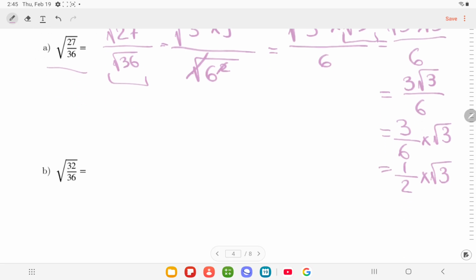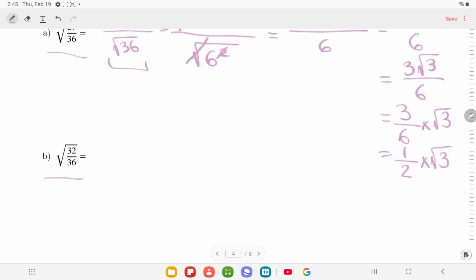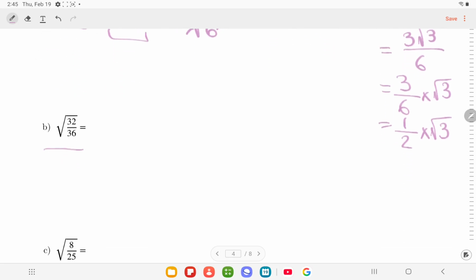So let's take a look at b over here. We can rewrite this root as root 32 over root 36. Now, root 32 is not a perfect square, but 32 is divisible by 2. So 32 is 2 times 16.